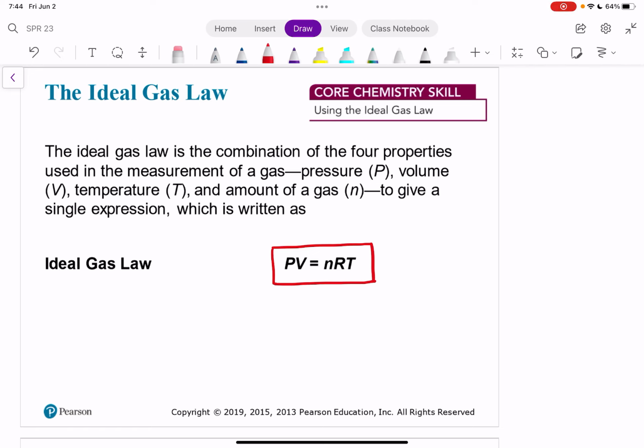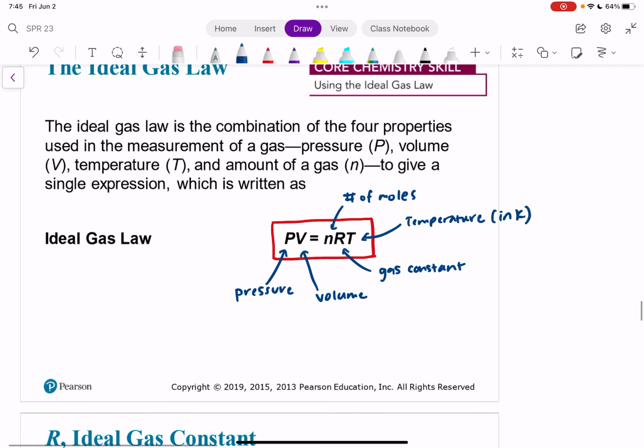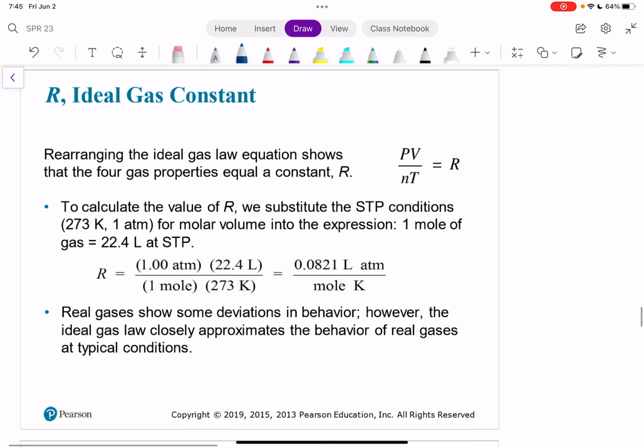Or you can just say PV equals nRT, or ideal gas law, where P is the pressure, V is the volume of the gas, n is the number of moles, R is something called the gas constant, and we'll talk about what that is, and T is temperature in Kelvin, as always.